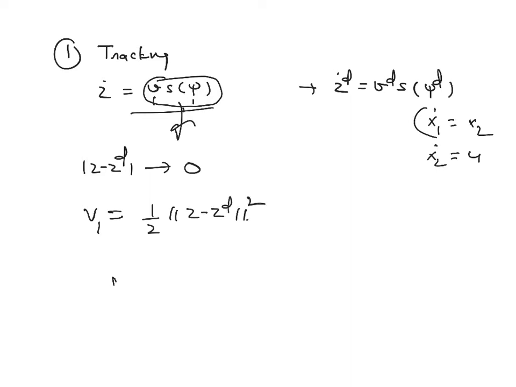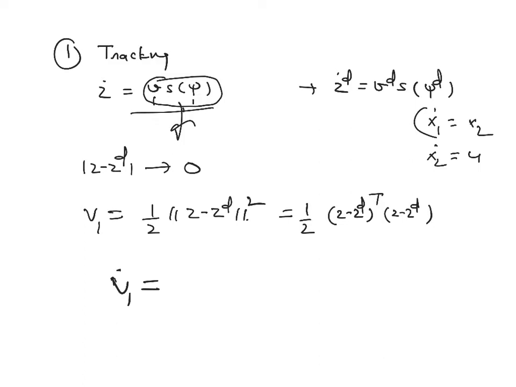This is like error squared, nothing big. Position error squared term. This can also be written as half of z minus z desired transpose into z minus z desired. Same thing.